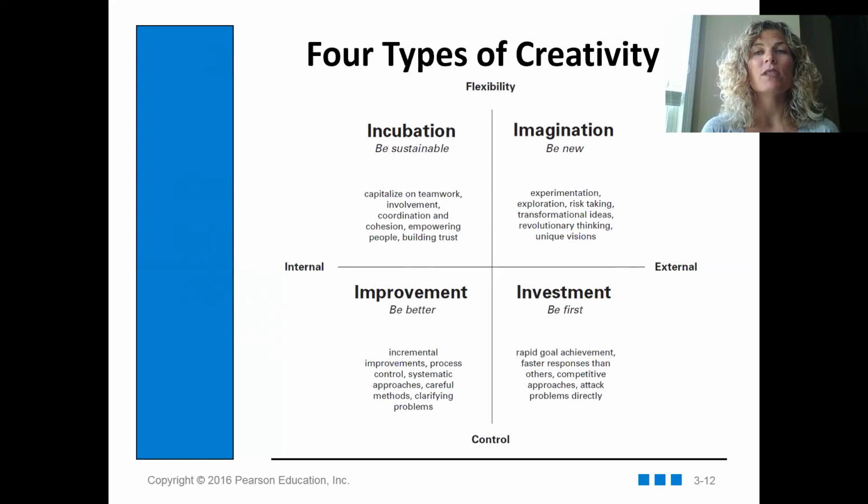But we also see examples of being creative with this idea of improvement. Making small improvements to something that already exists is being creative, and tweaking things to make them more efficient or better is a form of creativity.